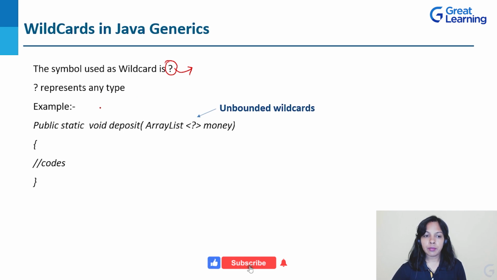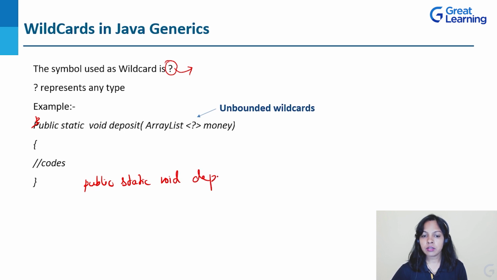then in that place we put a question mark. For example, in this method you see here, public static void deposit, ArrayList, and then there is a question mark in the angular bracket, and then the name of the variable. It means this ArrayList can be of any type. Normally, when we use generics in Java, we would define this method as public static void deposit.